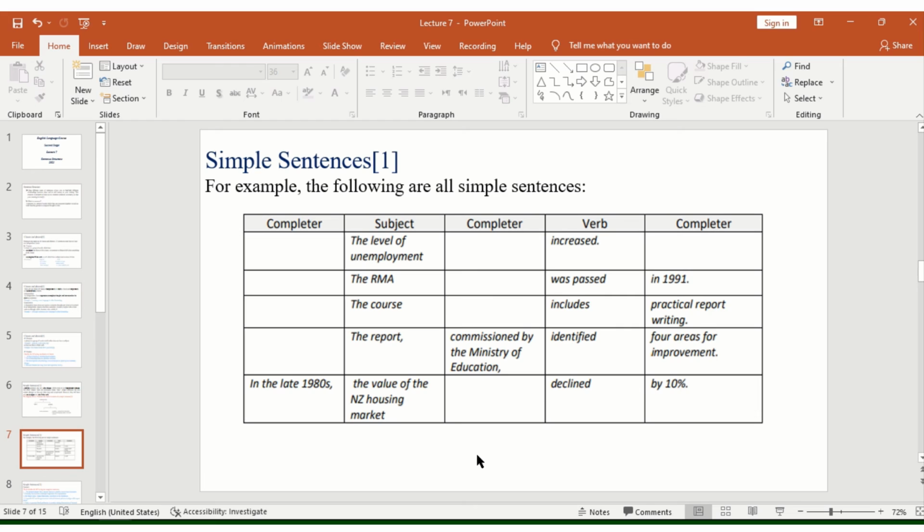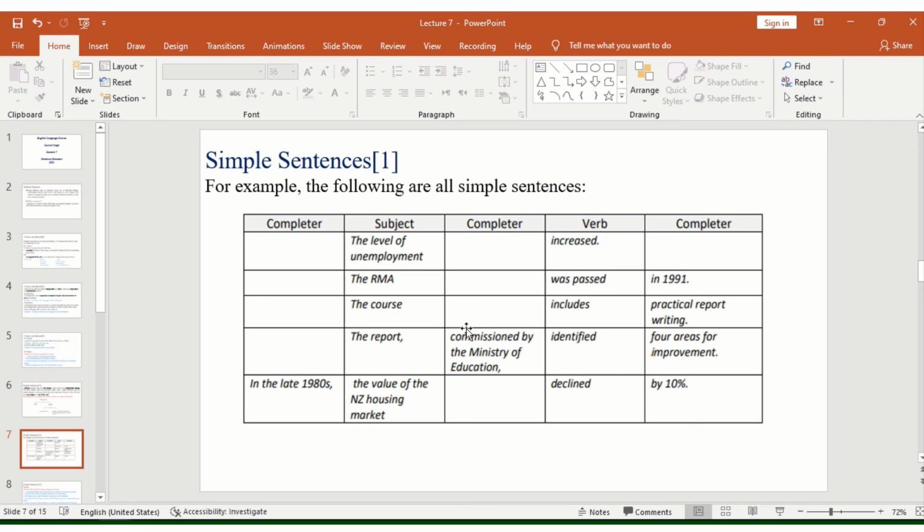For example, the following are all simple sentences. Completer, subject, completer, verb, completer. So these are different forms of simple sentences.